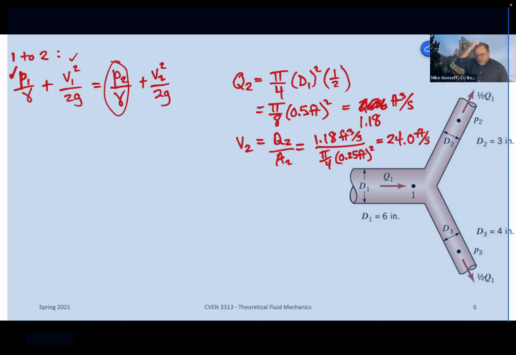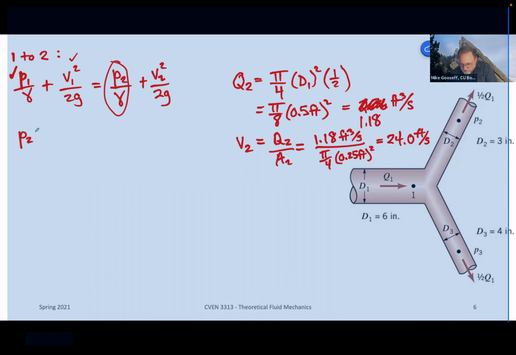So now we can come back to this and solve for P2. I'm going to make this a little simpler by multiplying everything by g, and that'll just get rid of the g's and leave us with rho. I guess that doesn't matter too much, so we'll leave it in terms of gamma.